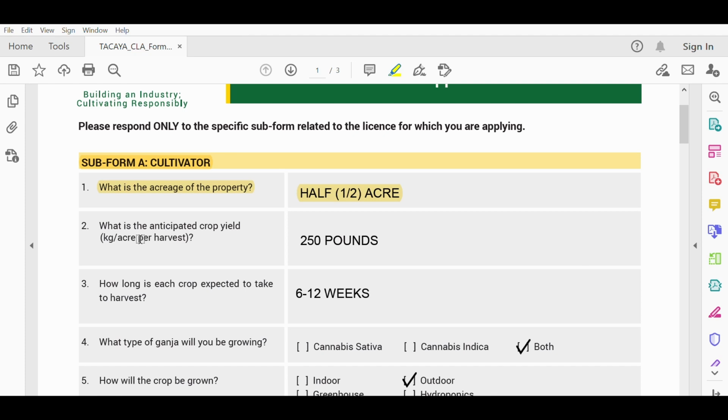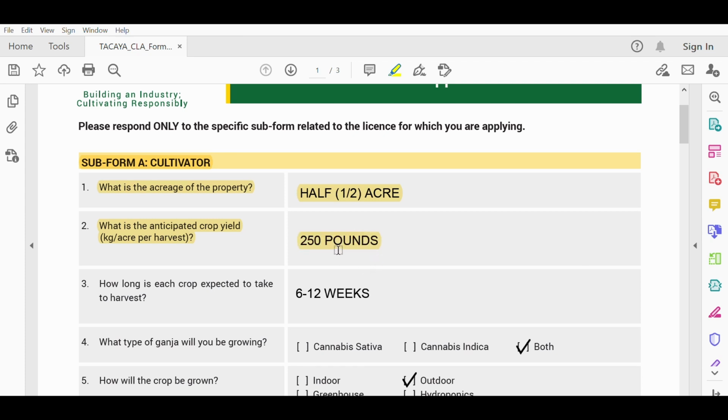at any one time. So what you want to do is estimate it, because remember, there are a lot of different conditions that dictate what your harvest is going to be, especially when you're cultivating outdoor. The strain types, your feeding regimen, and among other things may factor into your yield.